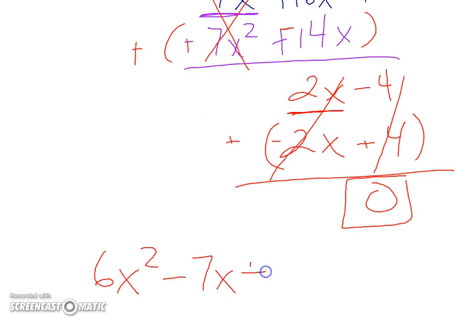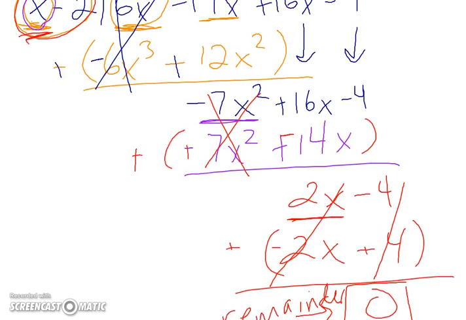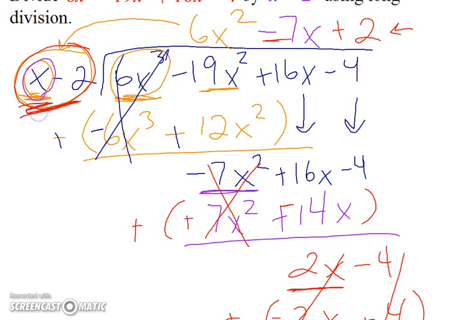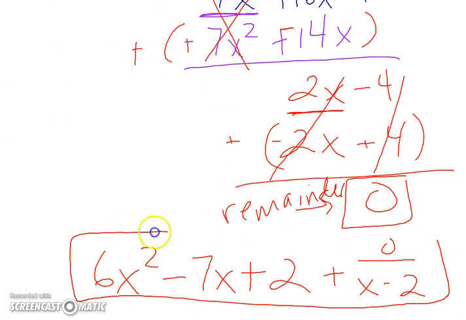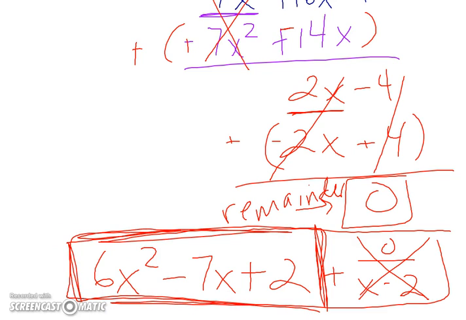And just for fun, because we're going to need it later, if I want to write the remainder, because sometimes we do get a remainder, it would be plus 0 over x minus 2. The x minus 2 came from this guy out front. In this case, I don't really need that 0 over x minus 2, so my full answer is just that. So that's long division. Let's try one more.